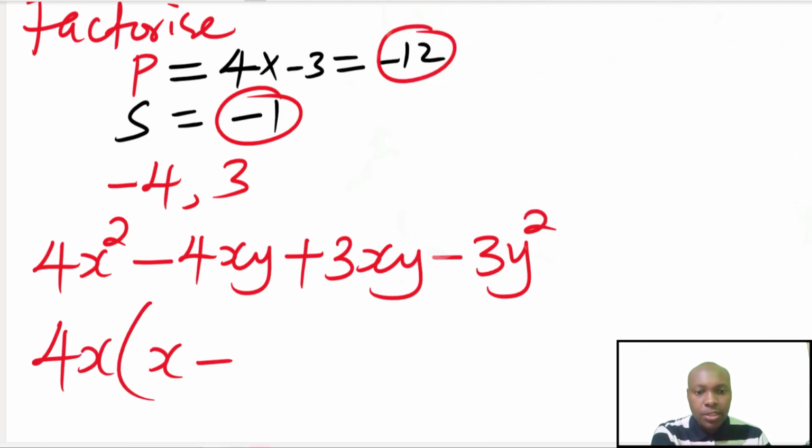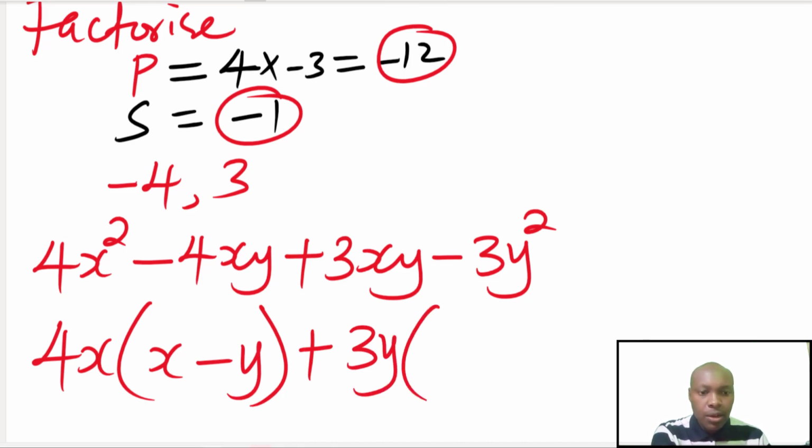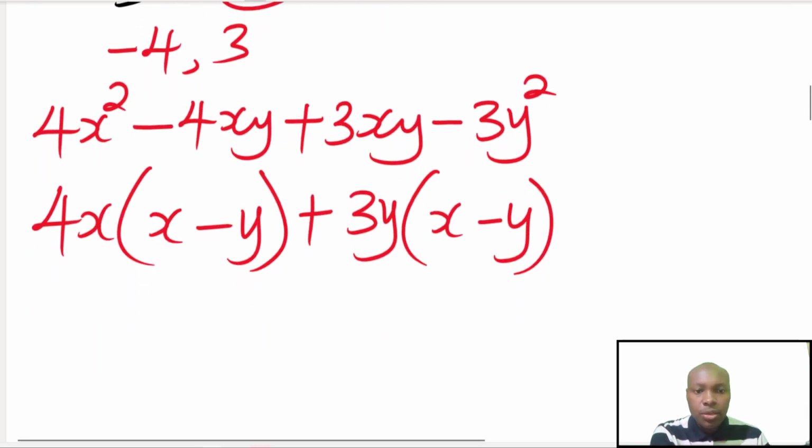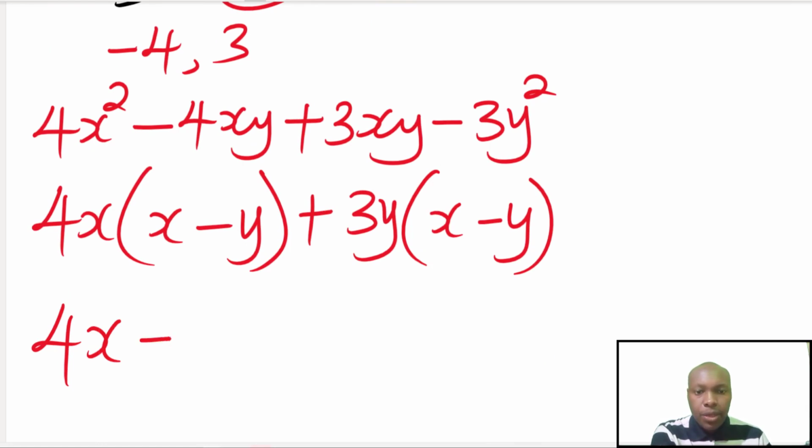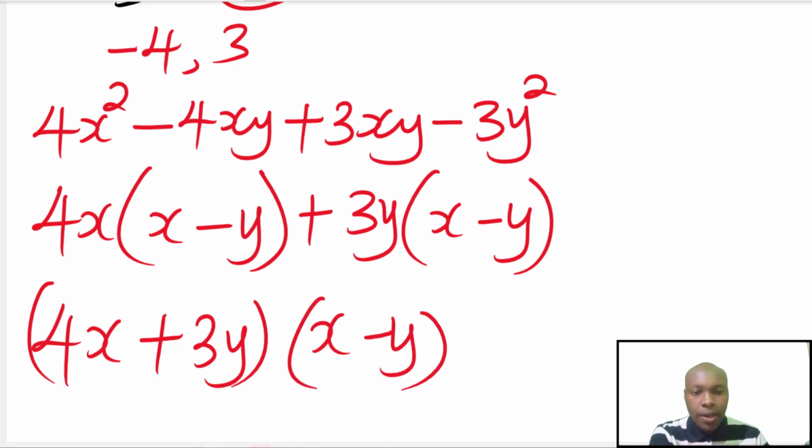We get 4x into bracket x minus y, then plus 3y into brackets x minus y. Factorizing these, we obtain 4x plus 3y multiplied by x minus y. So that is the denominator factorized.